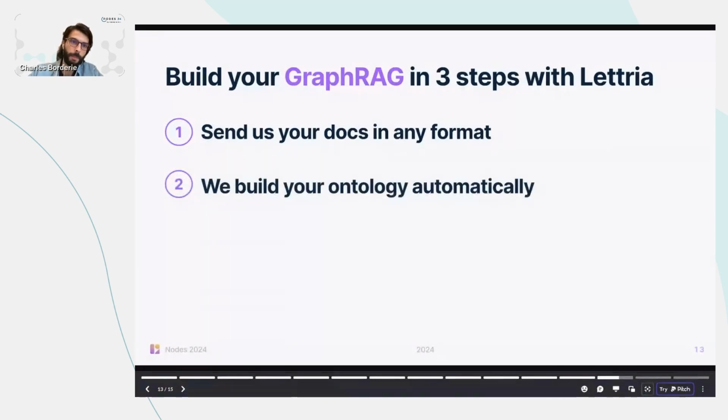The second part is that we are going to build the ontology automatically. We've assessed that if you build your graph on top of an ontology, in the long run it's going to be more consistent, and the retriever will be more robust. So that's definitely core to our methodology, but it's automatic.